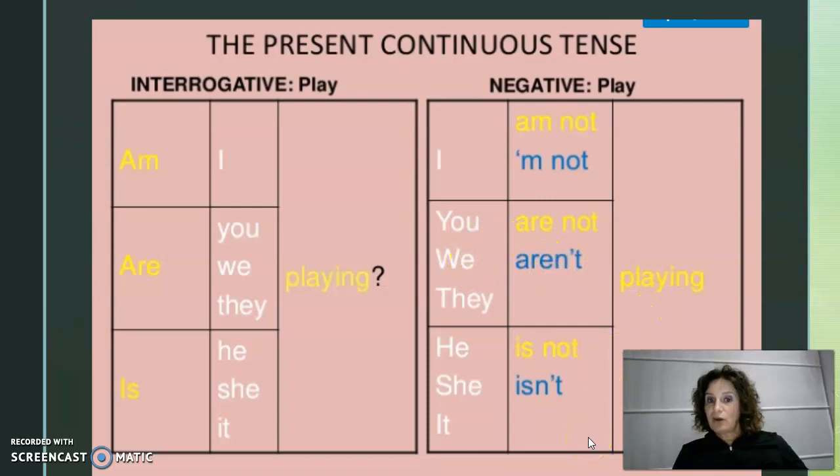They are not or they aren't playing. He is not, she is not, it is not. He isn't, she isn't, it isn't playing.